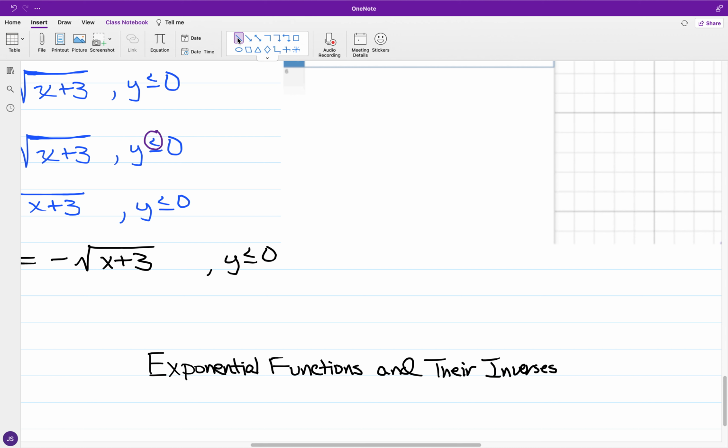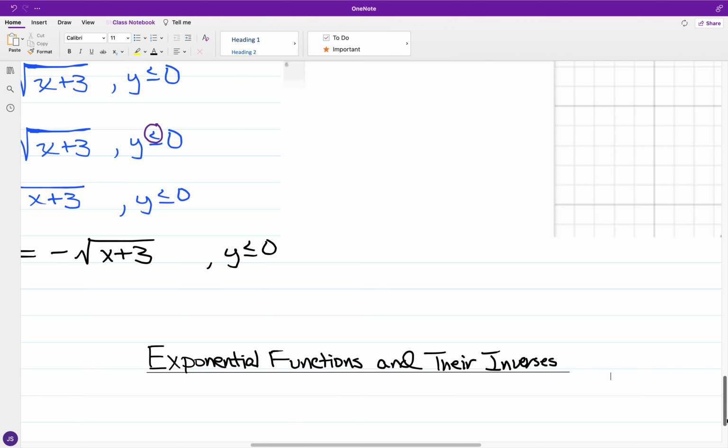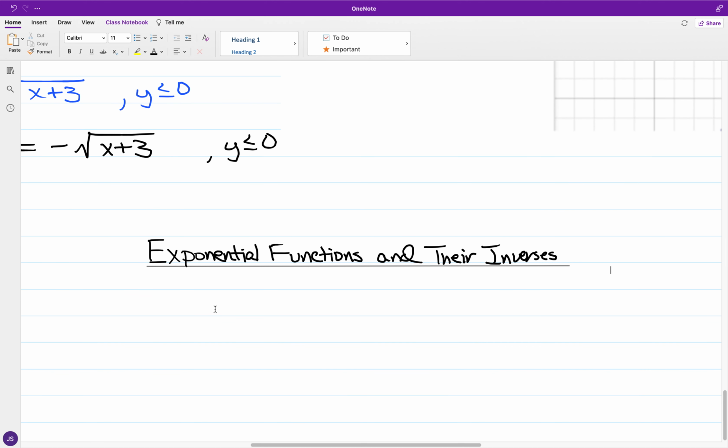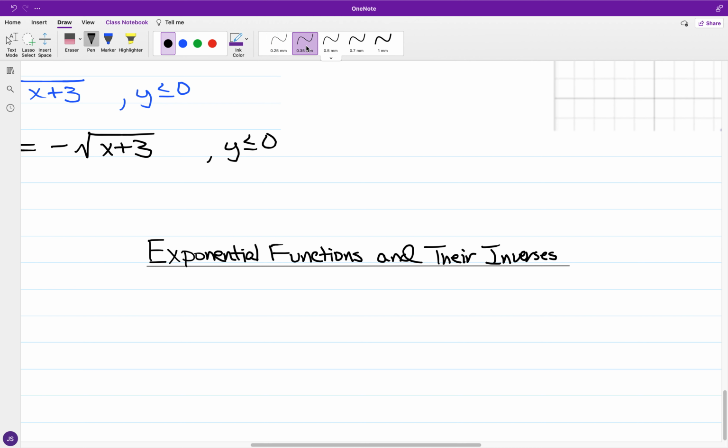And for what we have in the case of exponential functions and their inverses. Okay, and just a general layout of what I have for exponential functions. Okay, so I have that f of x is equal to a raised to the x.